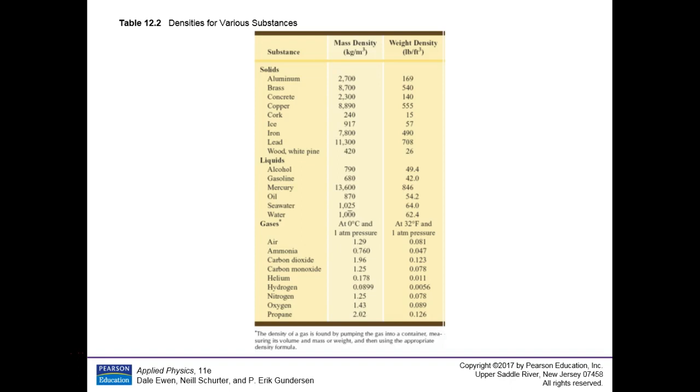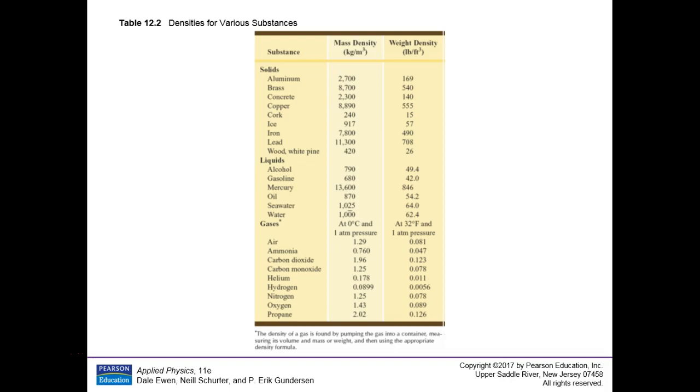So gasoline floats. Now here is one of the strangest, if you thought water was strange: mercury. Mercury ought to be a solid. It's a heavy metal, and yet at normal temperature and pressure, it's a liquid. And it's even denser than lead. If you put a lead weight in a pool of mercury, it's going to float. Believe it or not, it will.